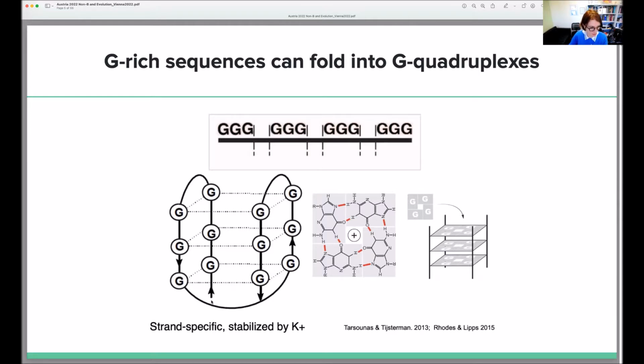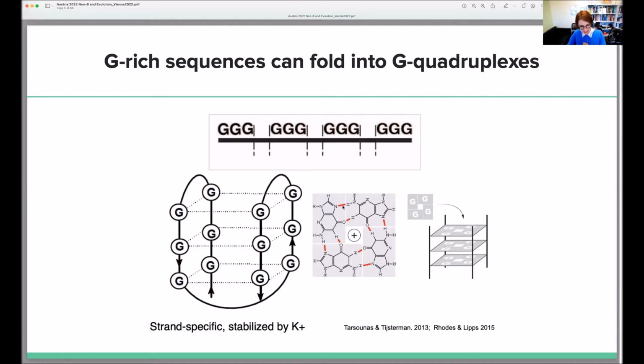So let's follow this structure here. This is the DNA strand, 3 Gs, then some other nucleotides, again 3 Gs, some other nucleotides, 3 Gs, some other nucleotides, and 3 Gs again.